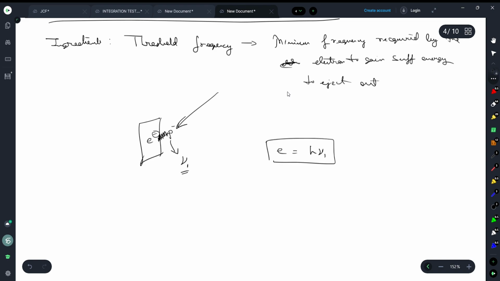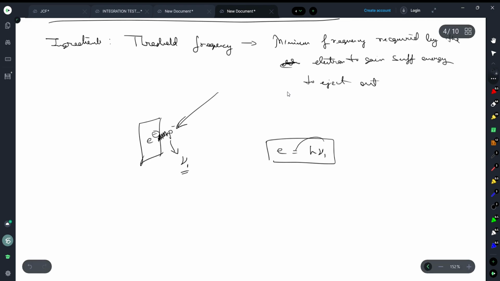Now this energy is making the electron energized, but the electron is of course bound inside this metal plate. The metal is keeping these electrons inside it. So for the electron to come out of the metal surface, it needs to overcome the binding energy of the metal plate.